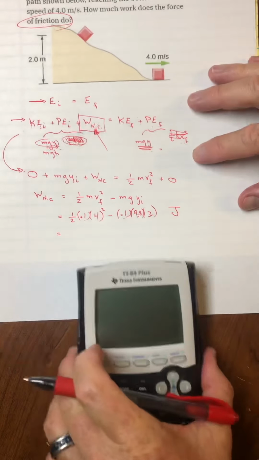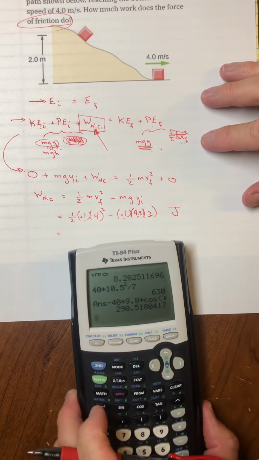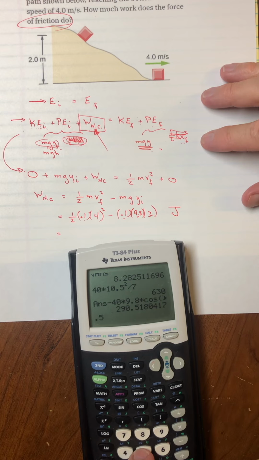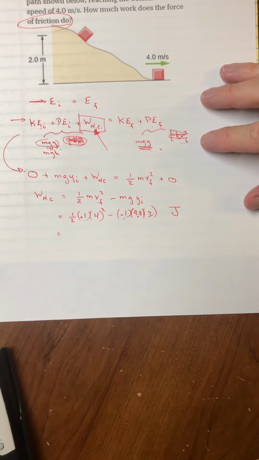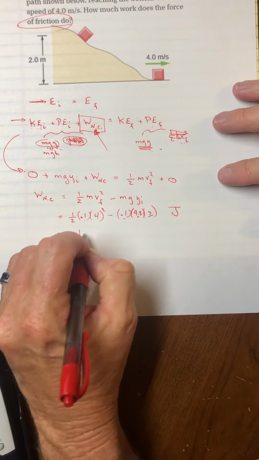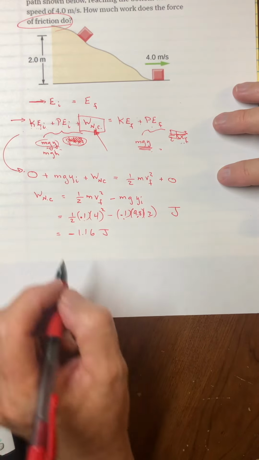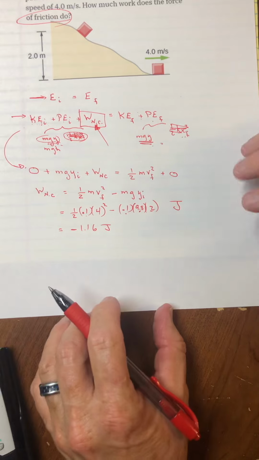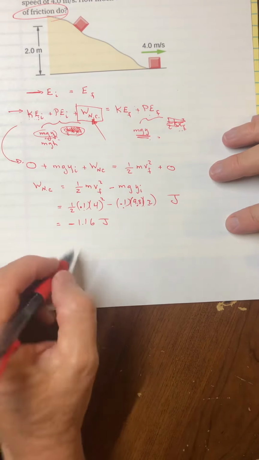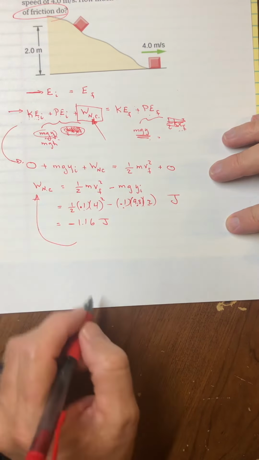Okay, so putting my numbers in here, I've got 1/2 times 0.1 times 4 squared minus 0.1 times 9.8 times 2. And this is a negative 1.16 joules of energy.